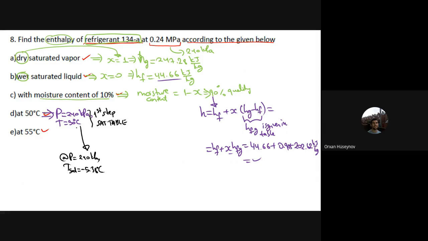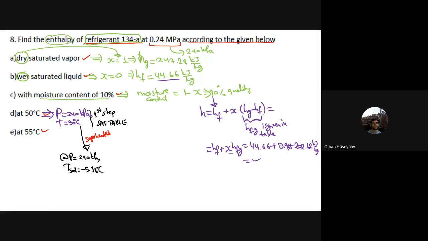If it is 50 degrees Celsius, which is more than that, it means that it is superheated. If you remember, we have solved examples about this one. Since it is superheated and the temperature is too high, you should go to the superheated table.